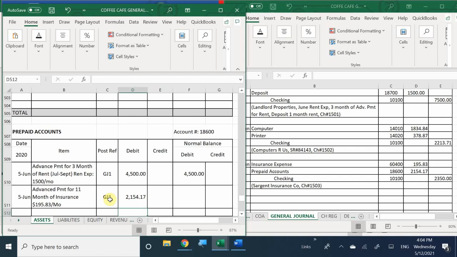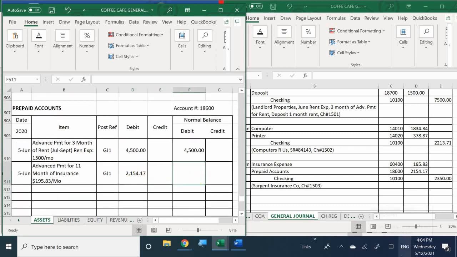Therefore, we need to enter in the formula so we can create our running balance. Here, once again, the formula is going to be up 1 plus left 2 minus left 1.